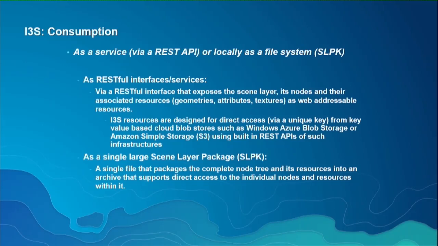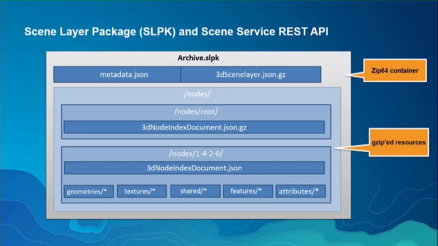And then on the flip side, the other way, as I mentioned earlier, is the scene layer package. The scene layer package is a medium used for transporting the data. Of course, you can use it to upload to your online resources and use it as an ingredient source, or directly read from it. So Desktop Application, Pro, and Runtime can just directly read the content, and they can do so because of the way the data is organized: it's an archive, but without any compression.